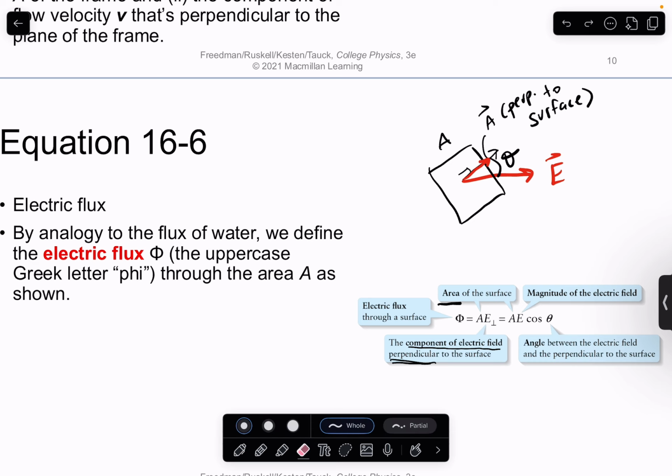So I want to just get rid of the red. Remember, this would be the component that we care about, E perpendicular. This purple one I'm about to draw is the component of E that is parallel to the area. We don't care about that one. We care about the component of E that's perpendicular. And as I showed you in the previous slide, if we call this angle theta right here, and we make this triangle, I'm copying down the electric field vector triangle.